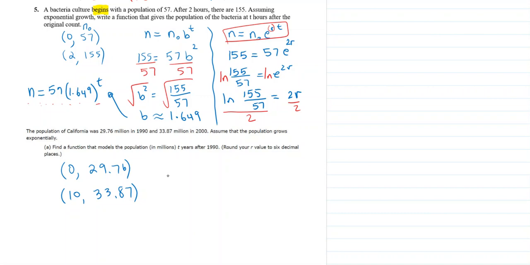So it's going to look something like N of t equals the initial, which is 29.76. The rest of it you have to find. It's either going to be some number to the t, or it's going to be 29.76 e to some number times t. No matter which form you pick, I would round the number that you're finding here to 6 decimal places as directed.